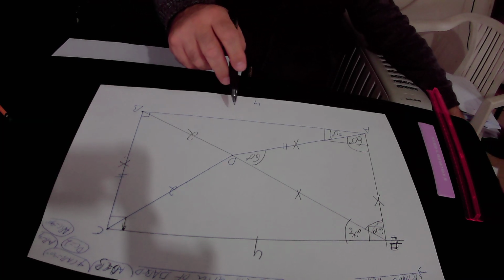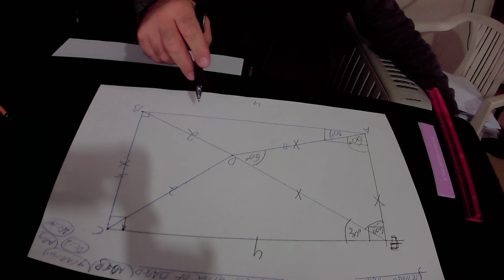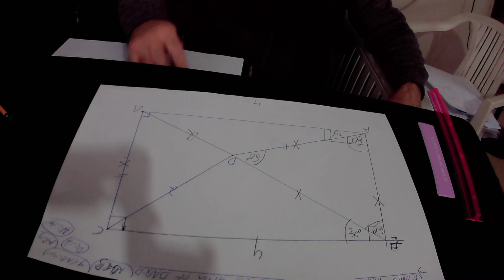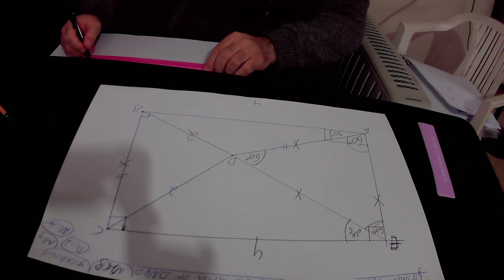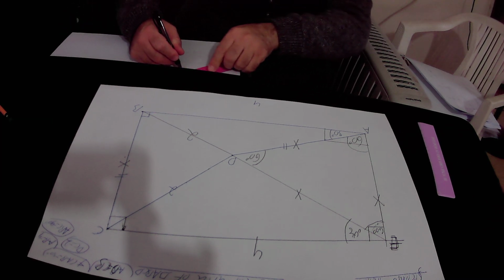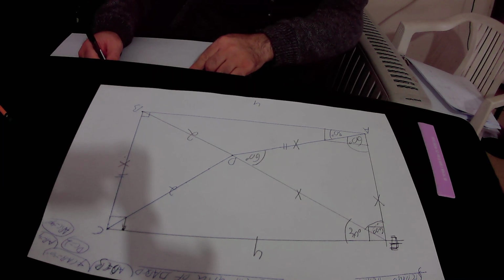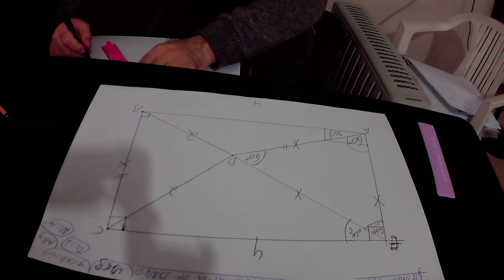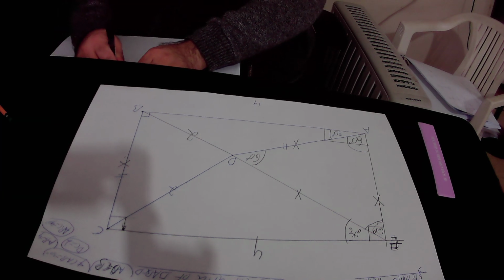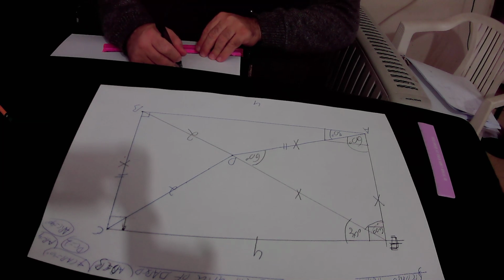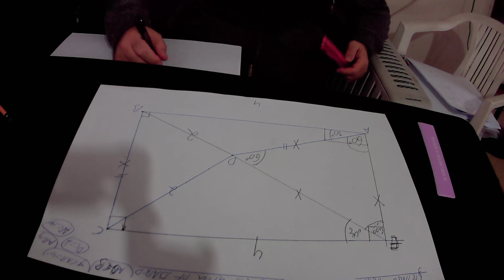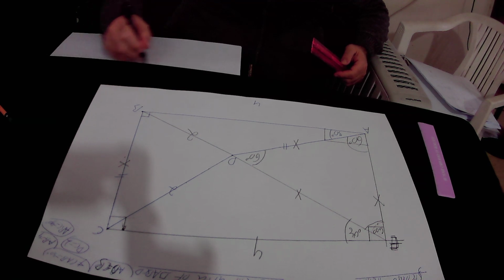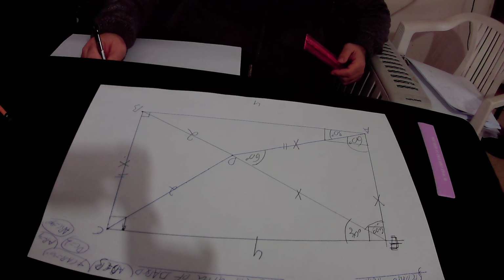So I will copy triangle ADB onto a new page, and we will implement the law of cosines on this triangle, triangle ADB. So this is triangle ADB.